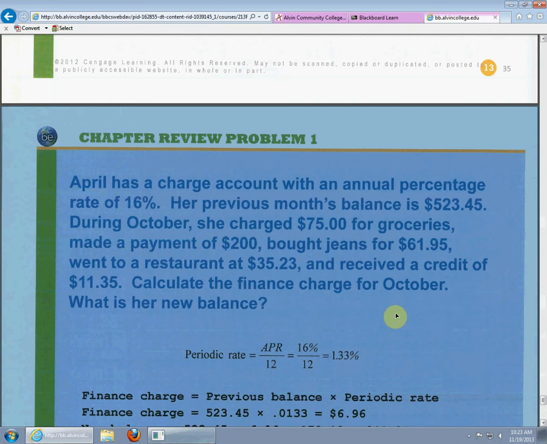Everybody okay at that point? Then we take our formula, we take the previous balance times the periodic rate to get our financial charge. So we're going to take our previous balance, which was given, $523.45, times the percentage rate, 0.0133 for $6.96.